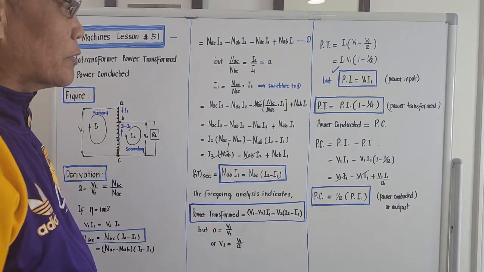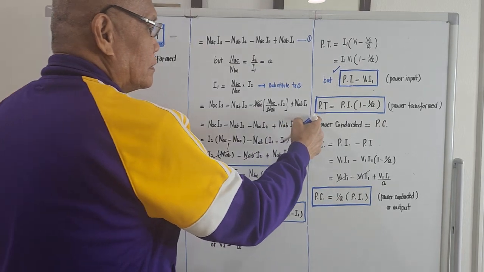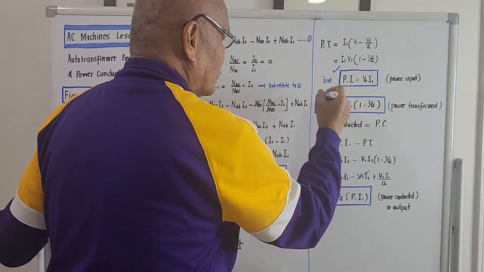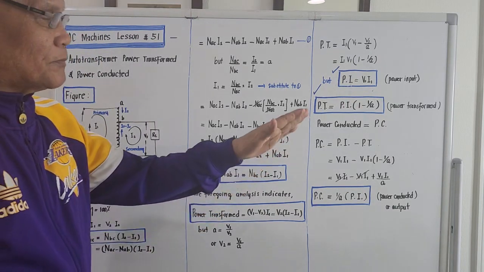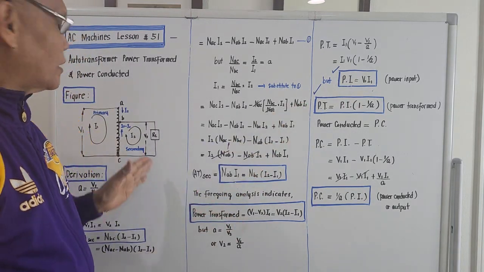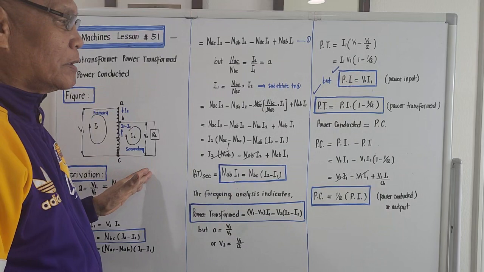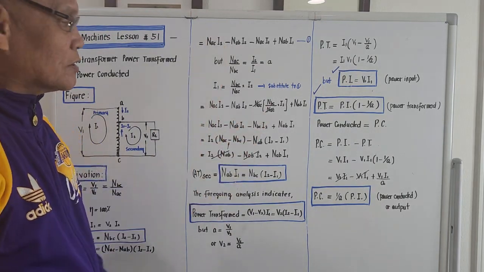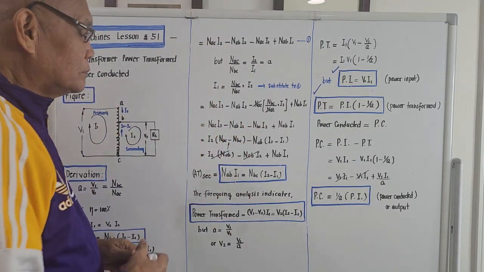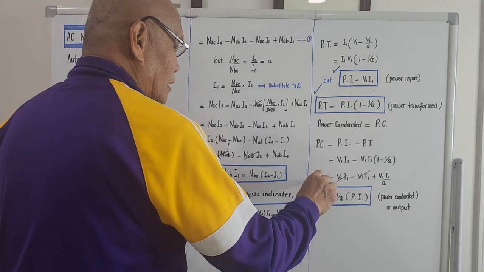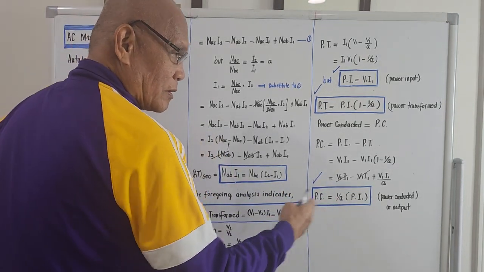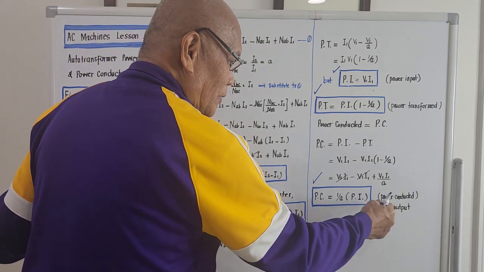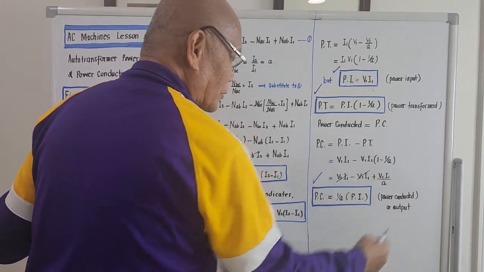PT is termed as power transform: what will be the formula and how to compute for the power transform considering an autotransformer. And the third formula is power conducted, PC, or power output.